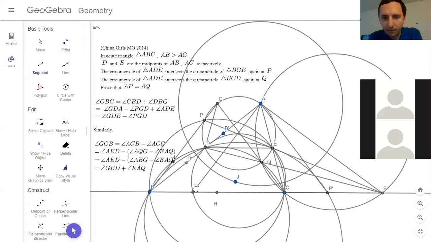And angle AP'Q' is equal to angle CP'E plus angle EP'A. And angle AQ'C is equal to angle BQ'D plus angle DQ'A. So we have to prove that angle DQ'A is equal to angle AP'E. Oh, no. DAQ' is equal to AP'E.